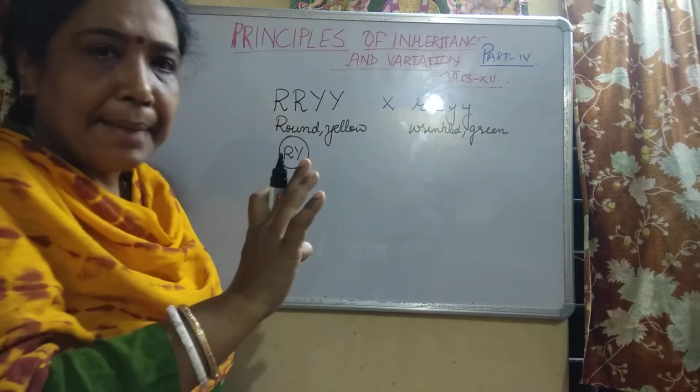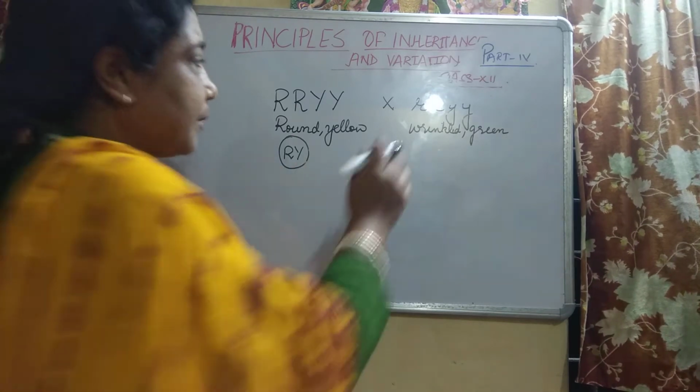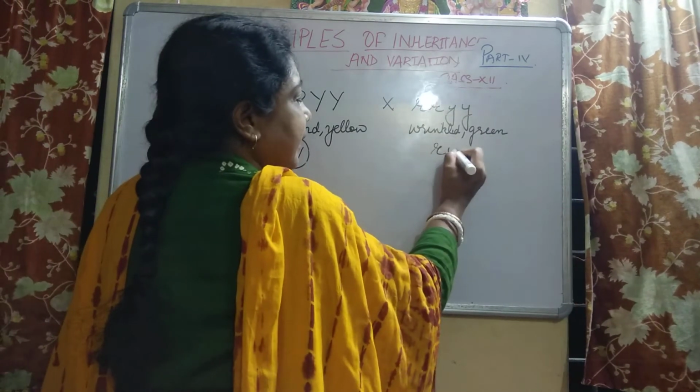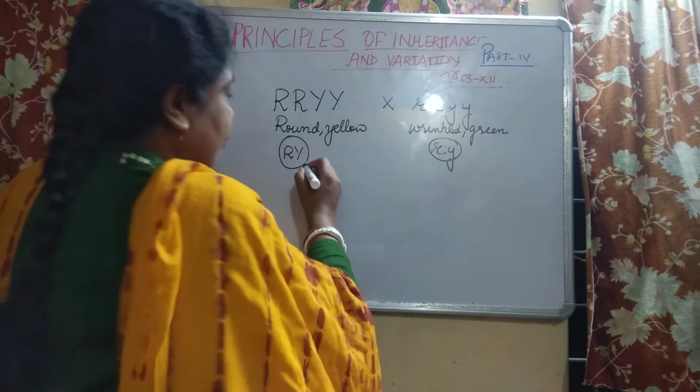All the gametes will contain these allelic forms, and the other parent's gametes will also contain this.